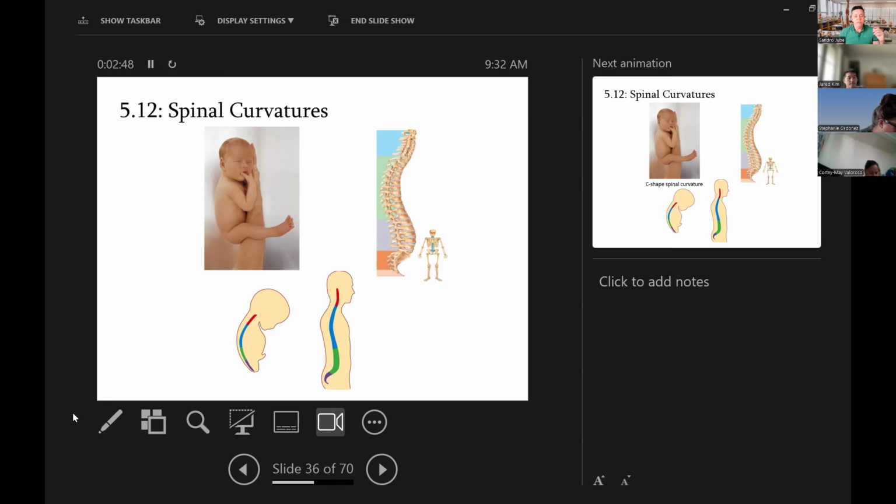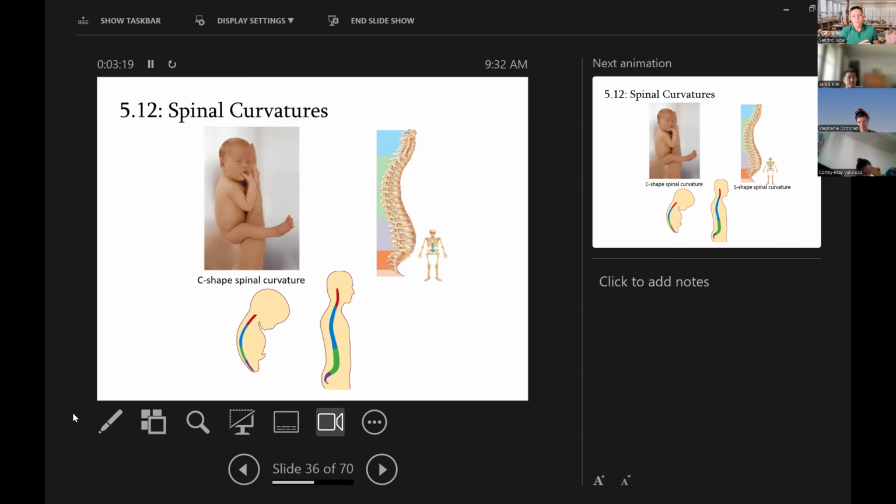When we are a fetus inside the womb of our mother, and soon after we are born, we have what is called a C-shaped spinal curvature. Why would we have a C-shaped spinal curvature? The shape of the curvature here, folks, allows the little fetus to fit inside the womb of the mother. So we know that babies are all curled up inside the womb.